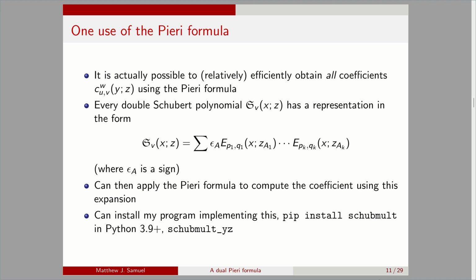So given an expansion of the double Schubert polynomial in this form, we can apply the Pieri formula and sum up the results to compute the coefficient. And this is actually pretty fast. I've implemented a program that does this. You can install it if you have Python 3.9 or higher. Pip install schubmult. This will give you 3 programs actually, but the one relevant here is schubmult_yz.